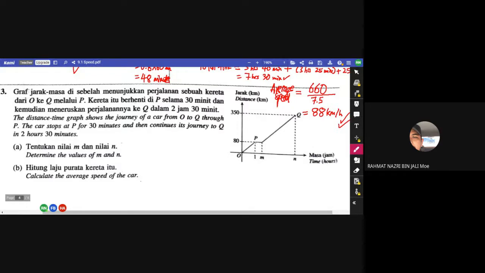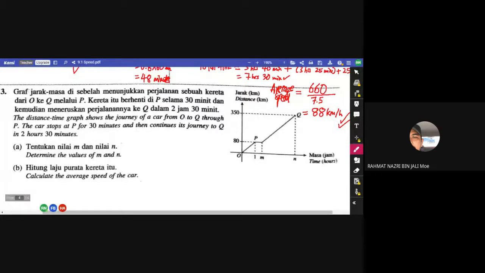So when we have a horizontal graph like this, the car is not moving. They take a rest until M hours. After that, the car continues the journey from M to N hours, and the last point is 350 kilometer.